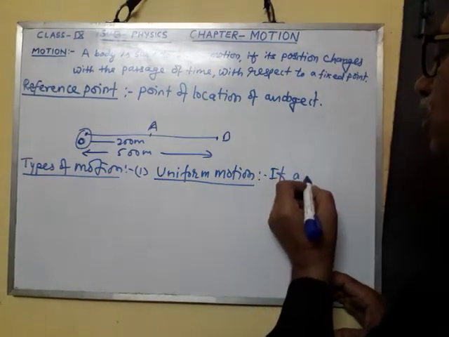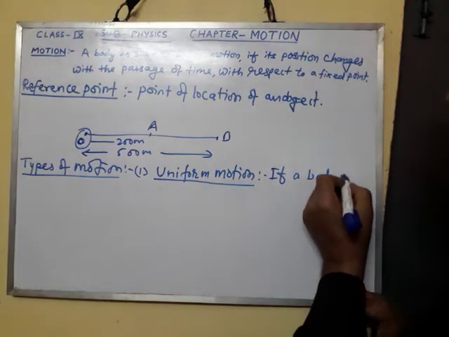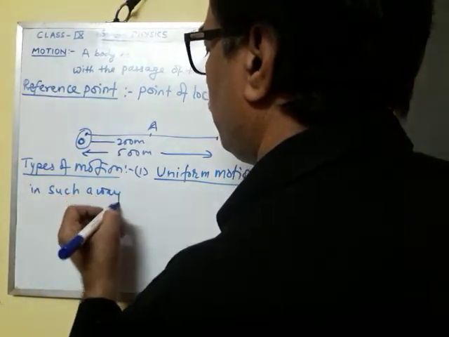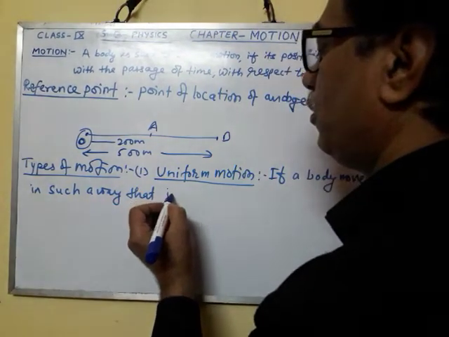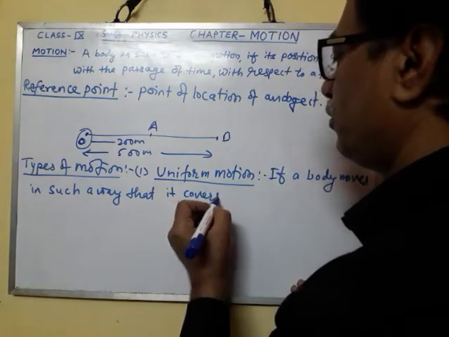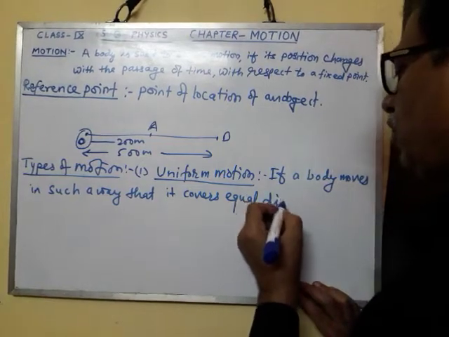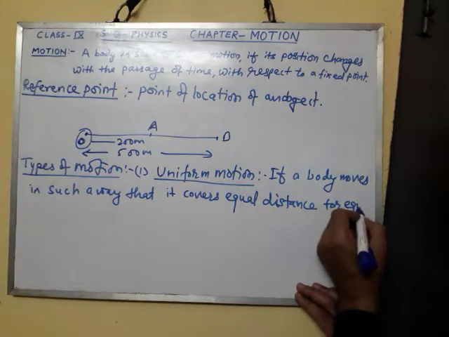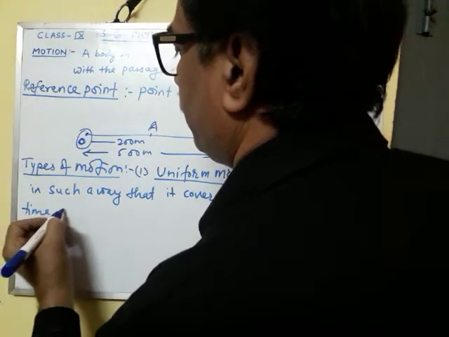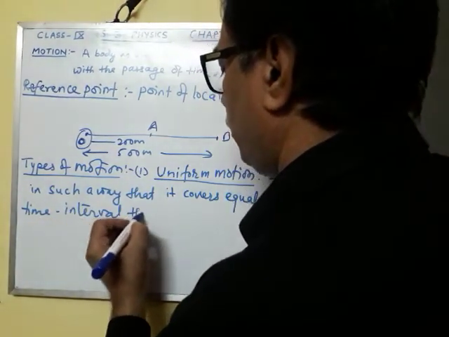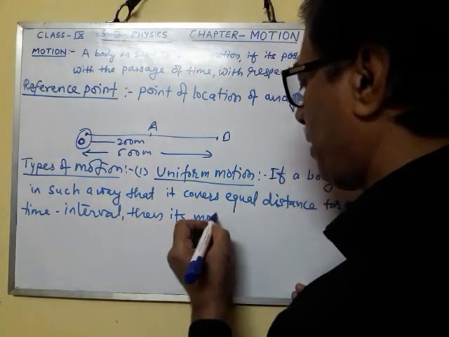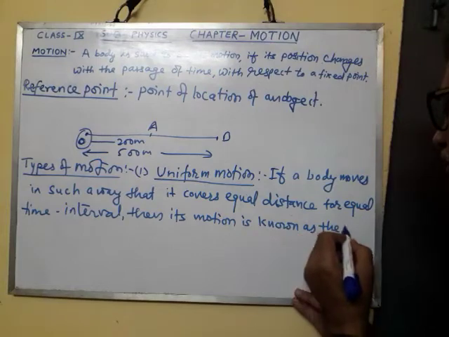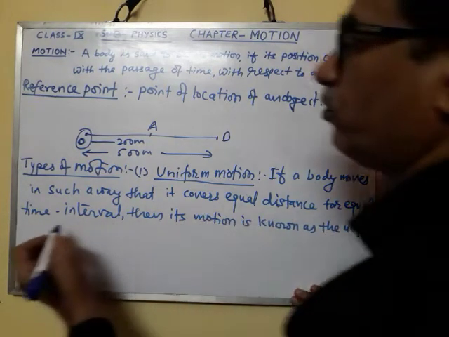If a body moves in such a way that it covers equal distance for equal time intervals, then its motion is known as uniform motion.